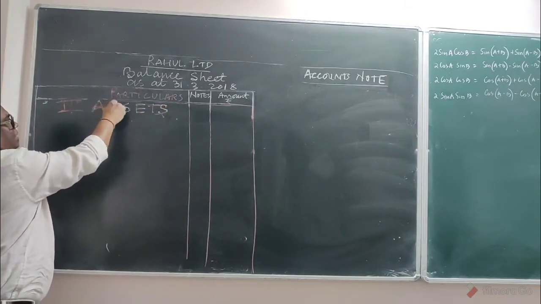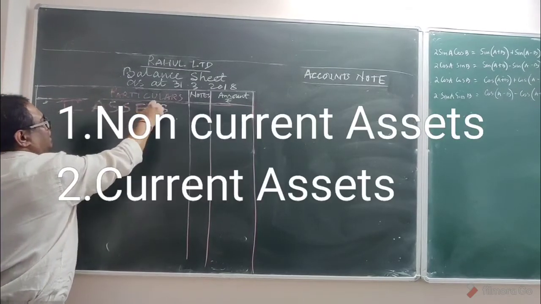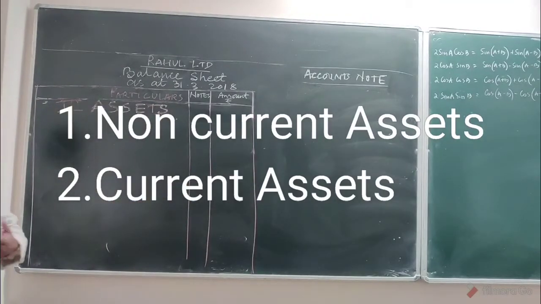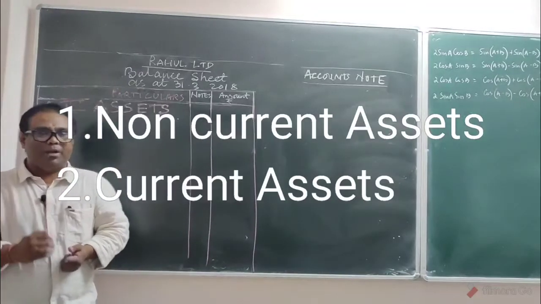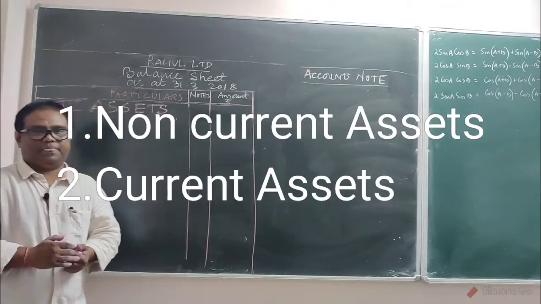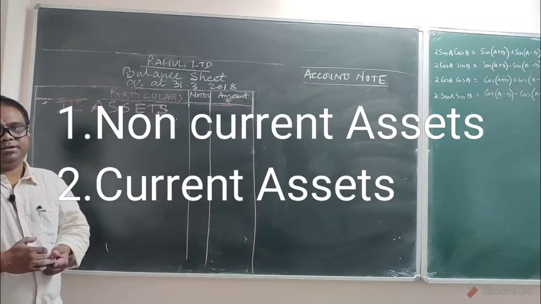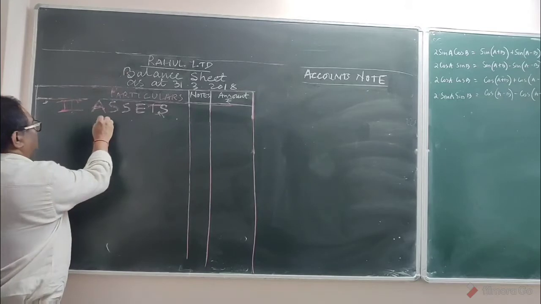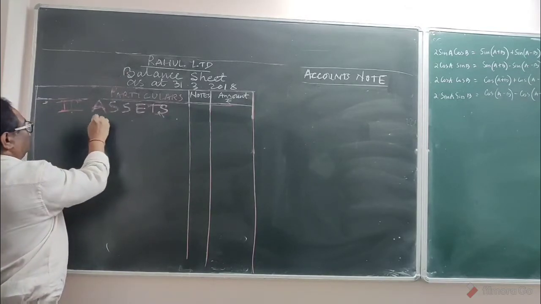Assets are divided into only two major headings. Assets, very easy. Those 2 major headings are, number 1 non-current assets and number 2 current assets. So first is non-current assets.